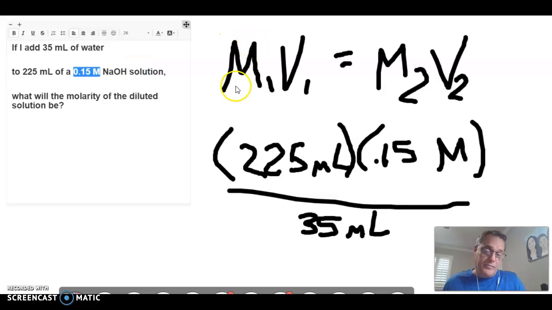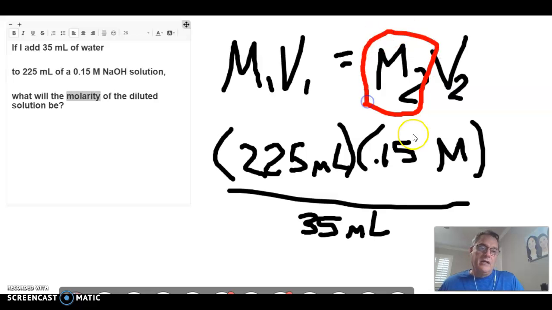All right, so here's our formula, M1V1 equals M2V2. And our question says again, we're looking for molarity. So this is always M2, our second molarity. So what's the formula for M2? We just got to get rid of V2.